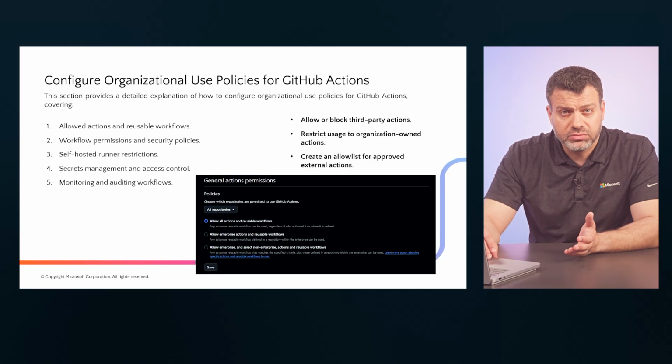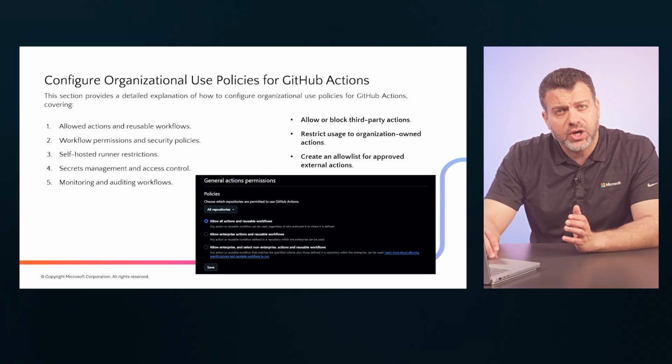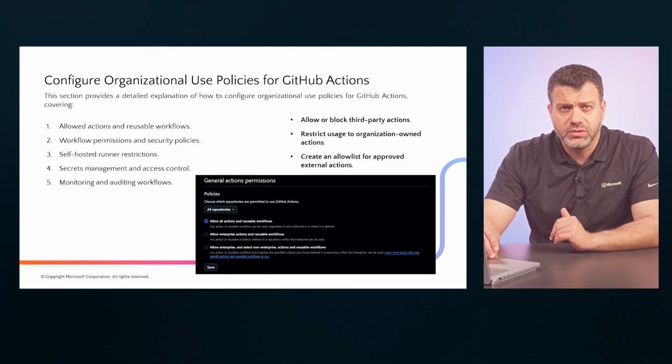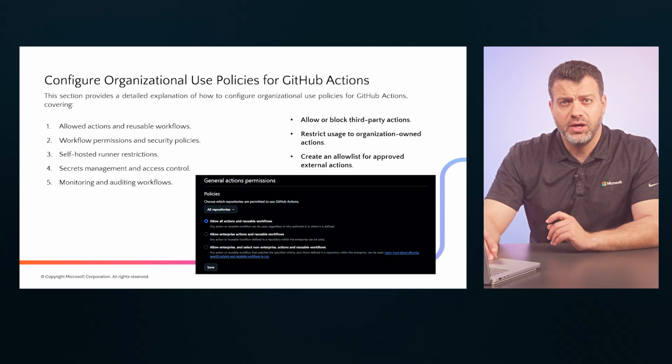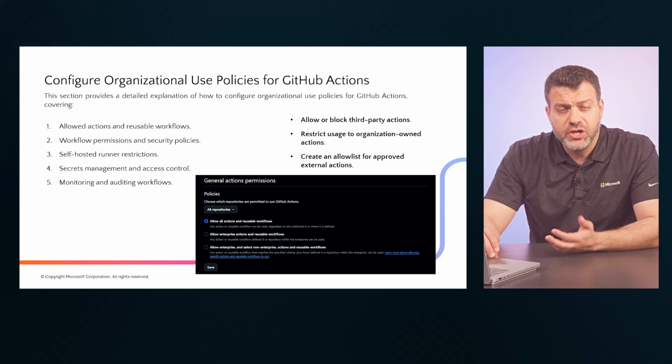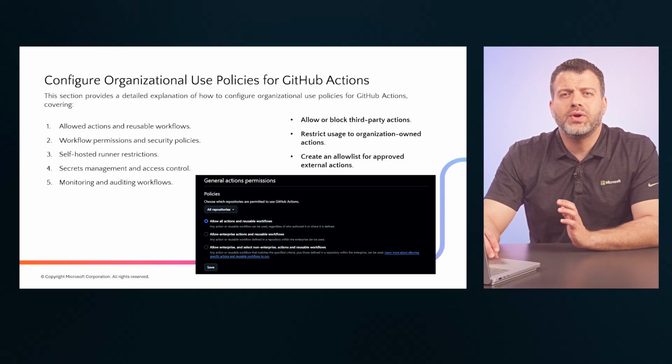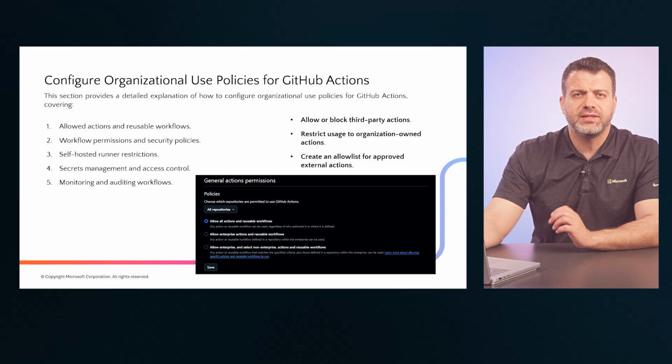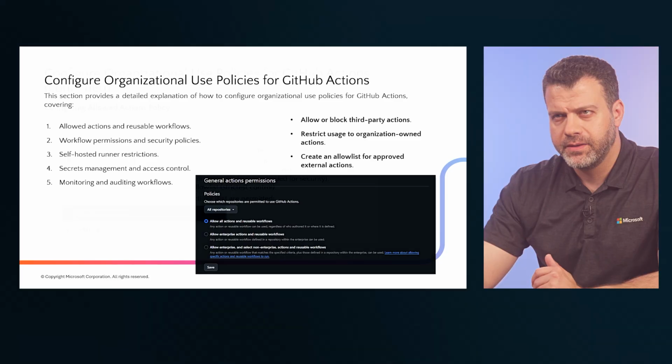Allow all actions, which is least secure, restrict to GitHub or enterprise actions, or define an allow list of trusted actions. In most enterprise environments, you don't want to allow everything. You don't want to block everything either, so the sweet spot is to create an allow list. This allows only verified or explicitly approved actions.